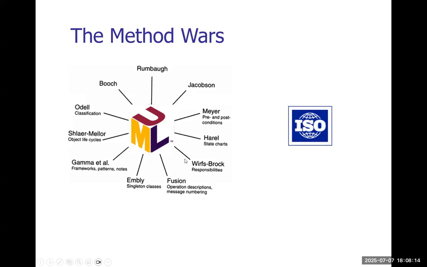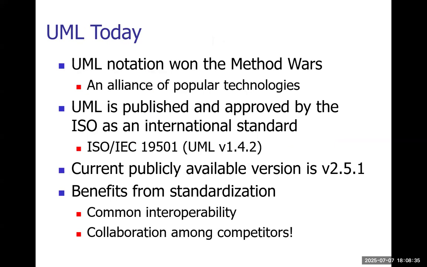Each had its own approach to software systems and engineering design, and UML is the legacy of that war, a fusion of some of the competing methodologies. You can see that UML took inspiration from different tools and became the standard.